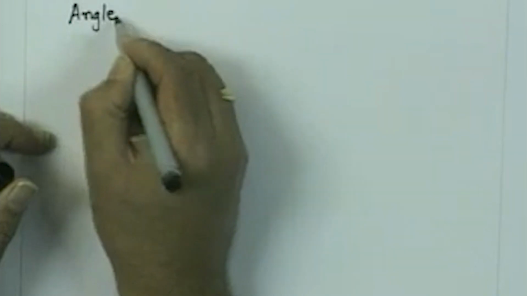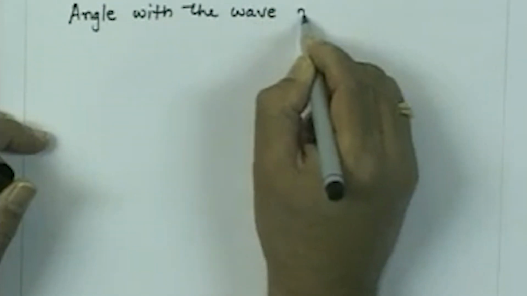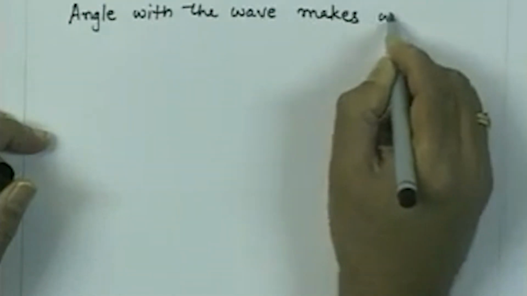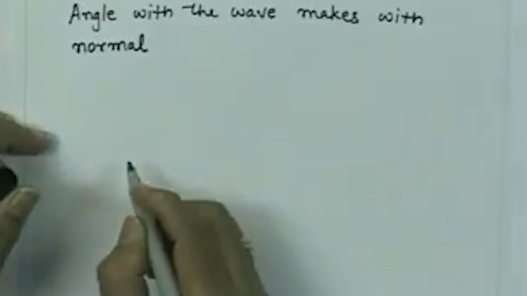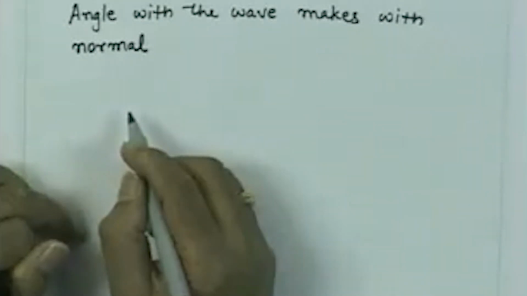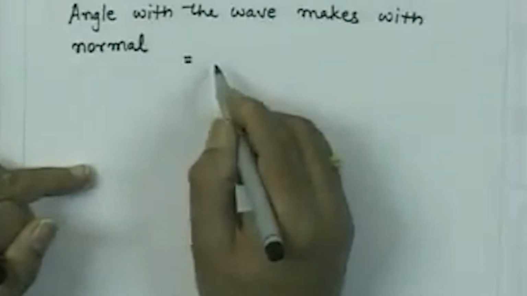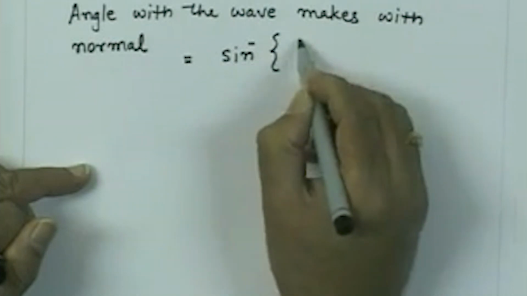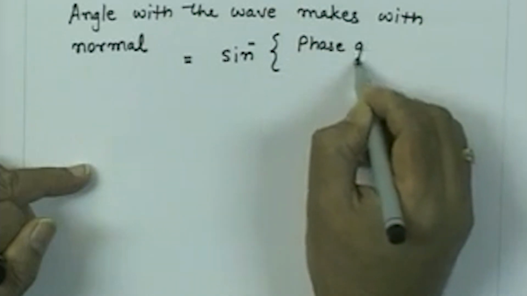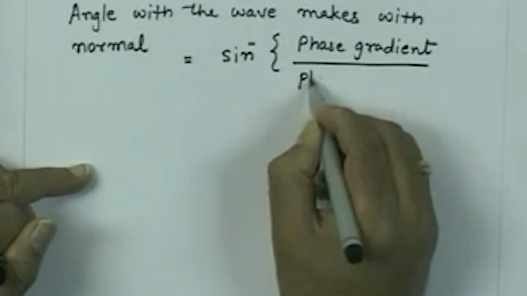So the angle which the wave makes with the normal, let us say that angle is theta, is nothing but the sine inverse of the phase gradient divided by the phase constant.